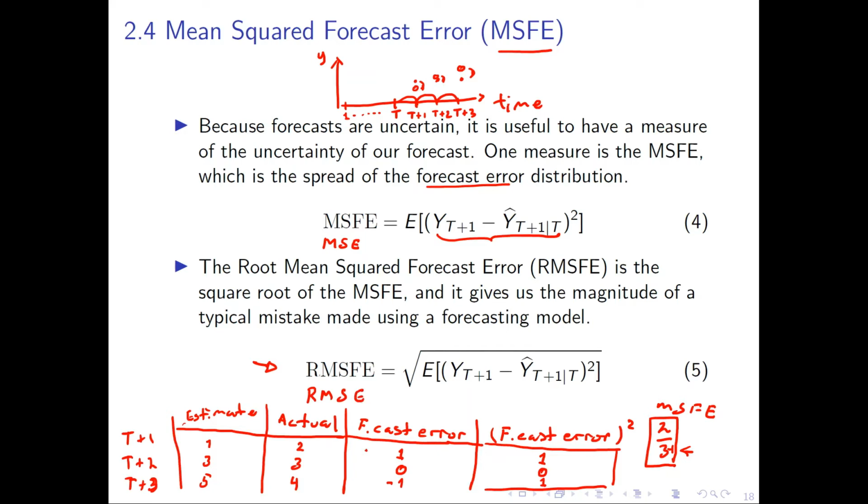So if you want to Google MSFE, you can just as well Google the root mean squared error. This gives you the standard deviation of the forecast error, and you know how to calculate with the standard deviation of stuff.